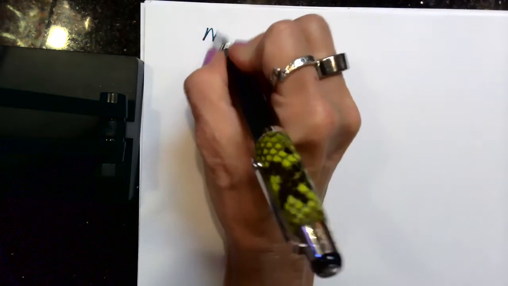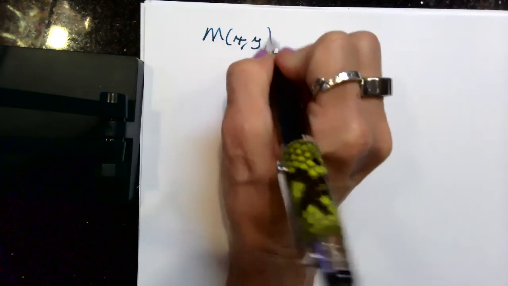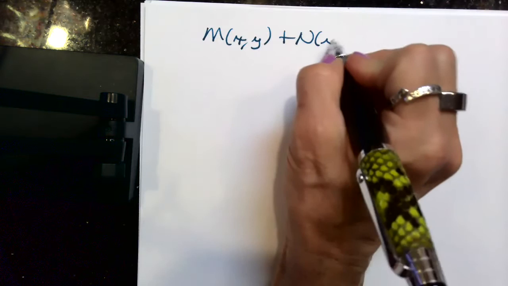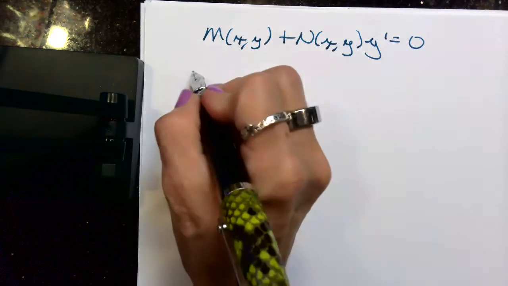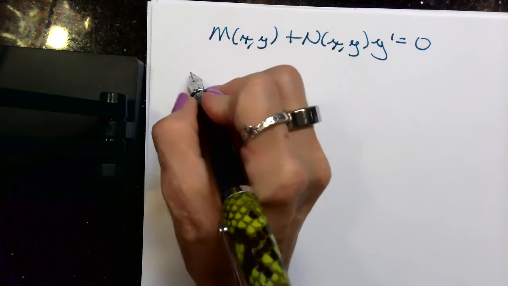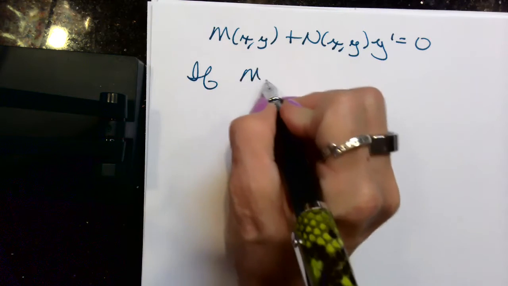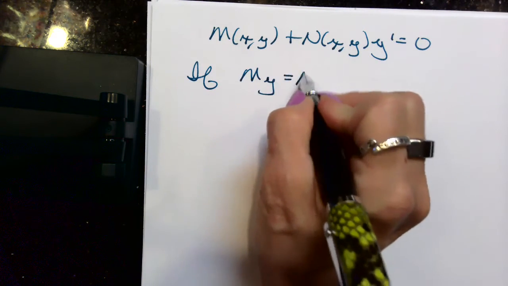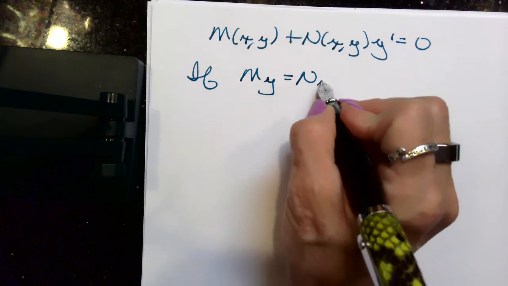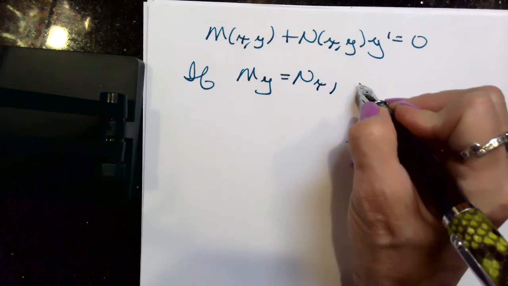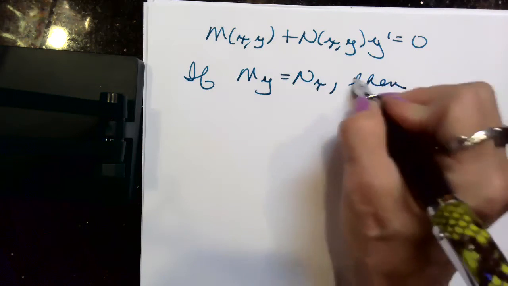Okay, and last time we looked at equations of the form M of x and y plus N of x and y y prime equals 0. And if M sub y is equal to N sub x, then the equation is exact.